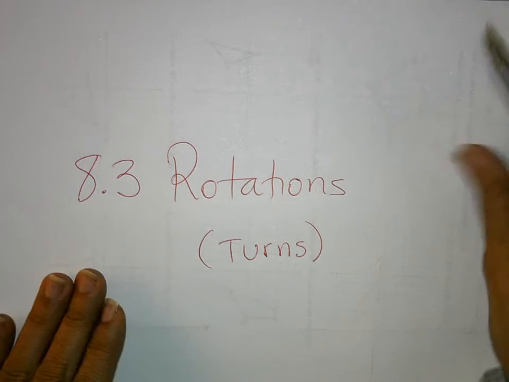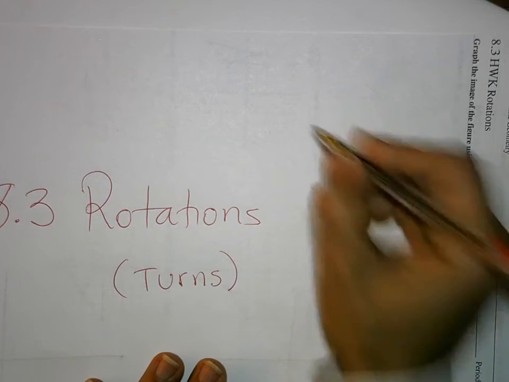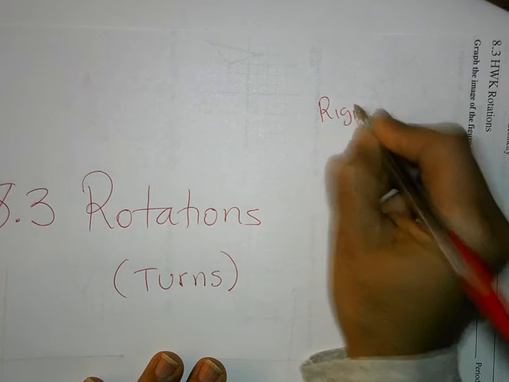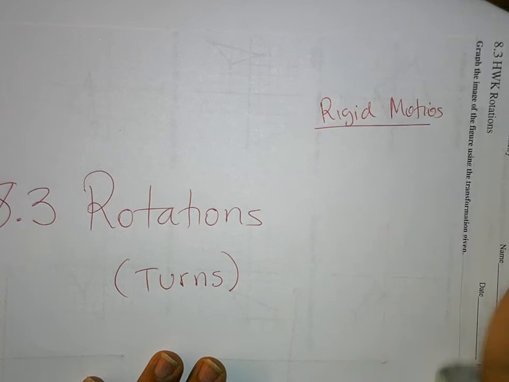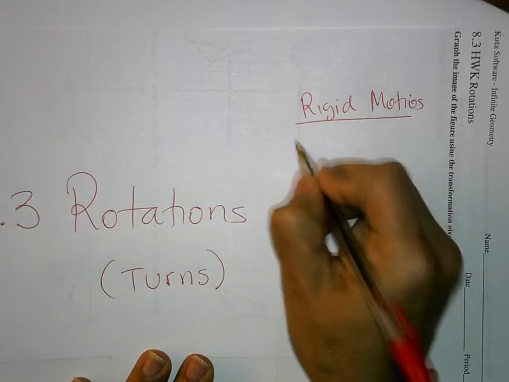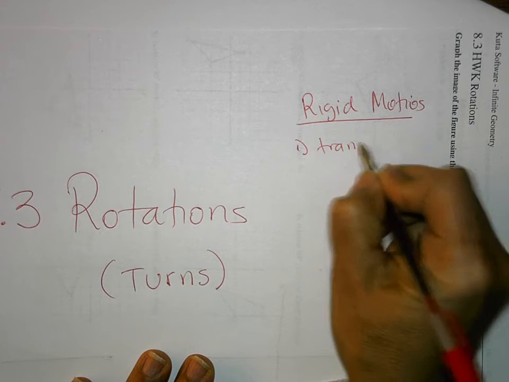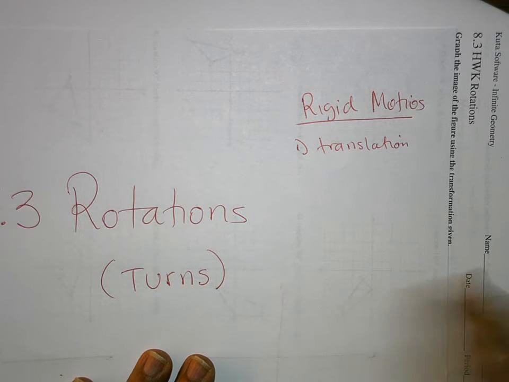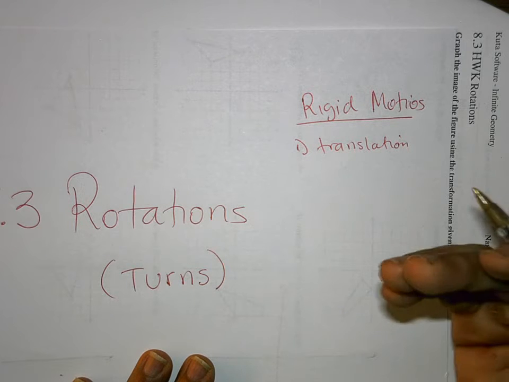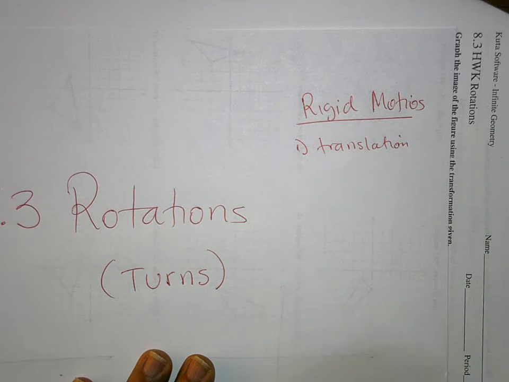So let me just write a few things down here on the side. Rigid motions. So far we covered three rigid motions. We covered the first one, which is translation. In translation you slide a certain figure up or down, left or right, some units left, some units up or down, so it's just sliding a figure.